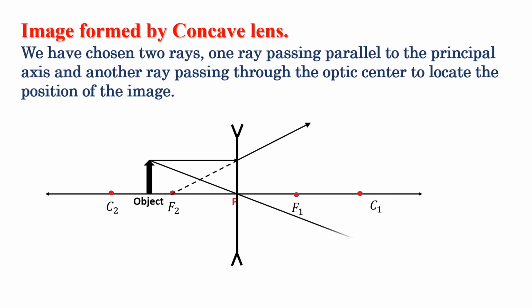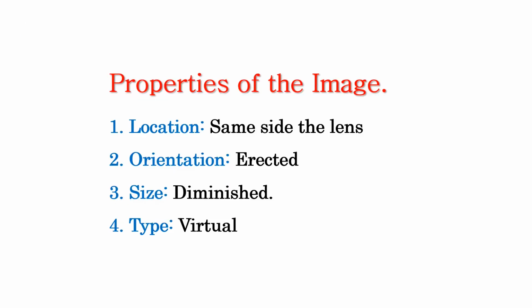And these two rays meet. The two rays, one is the ray which is passing through the optic center, another is the extended ray. These two meet at a point, and at that point we get the image. The image is on the same side of the object and diminished.